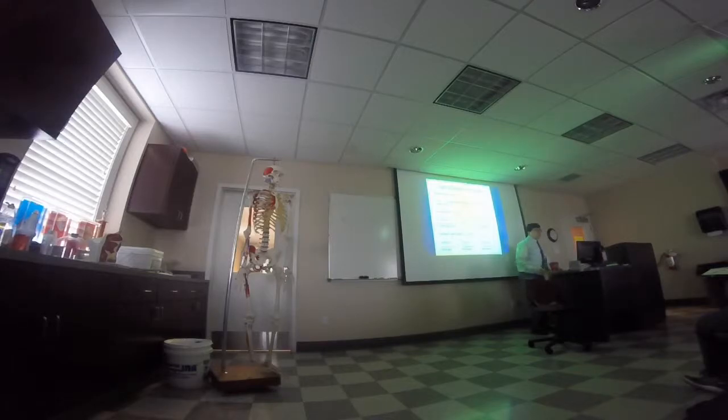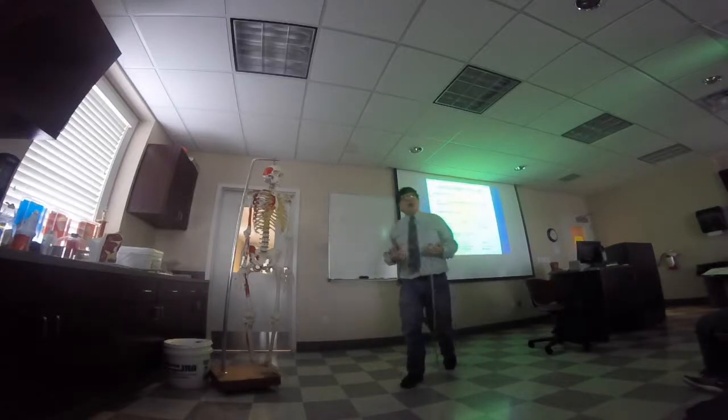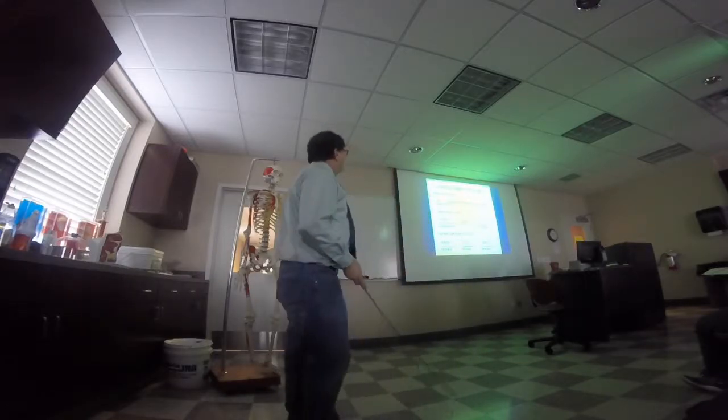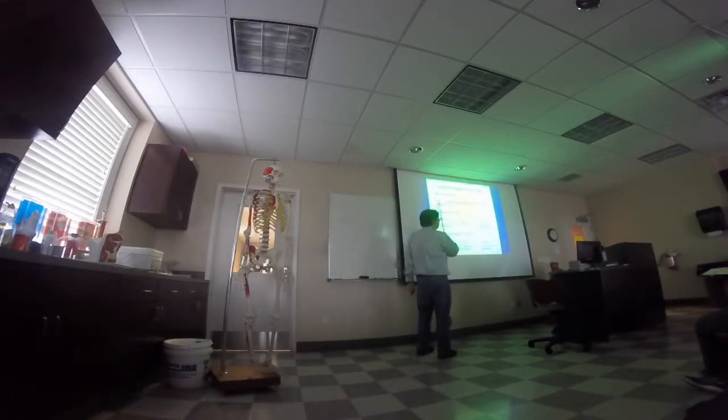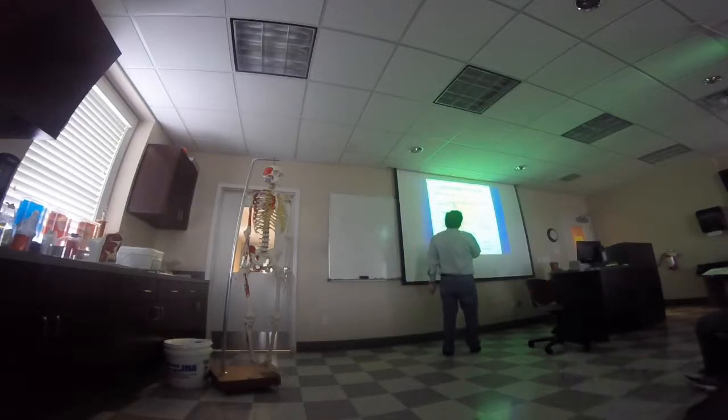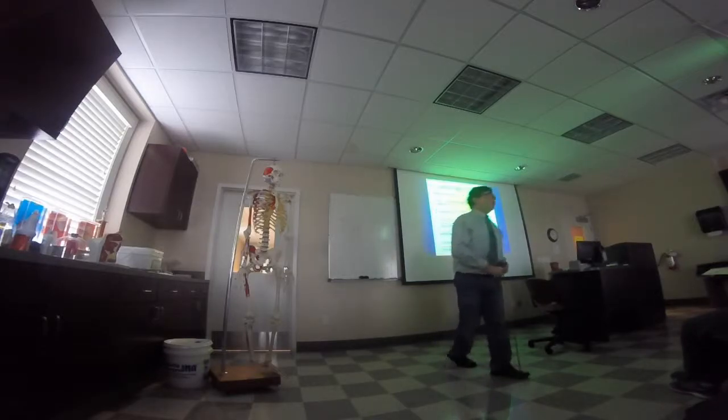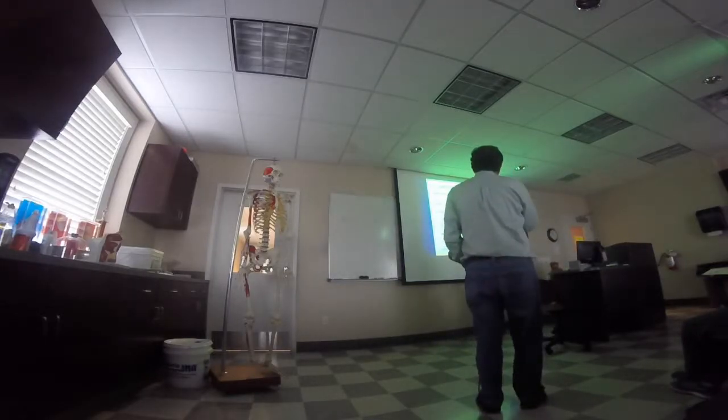Now, to get the total oxygen content, I would have to include how much oxygen is dissolved in that arterial blood. Okay? At 37 degrees, which is body temperature, 1 milliliter of blood carries 0.00003 milliliters of oxygen per millimeter of mercury.